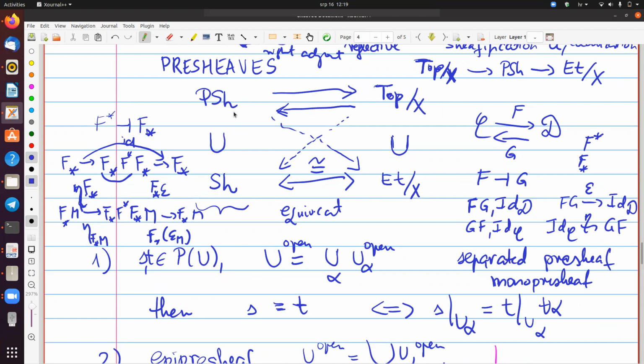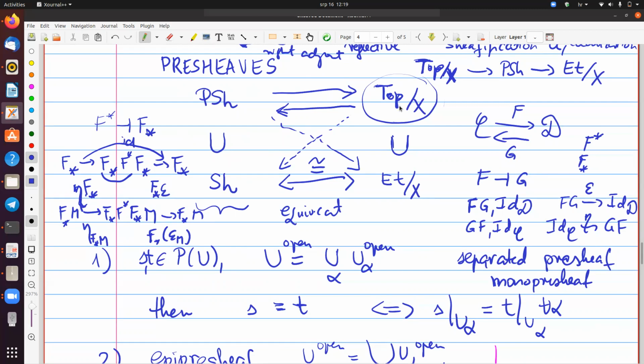So say you have a point in the original space, and you look at a point in the total space.